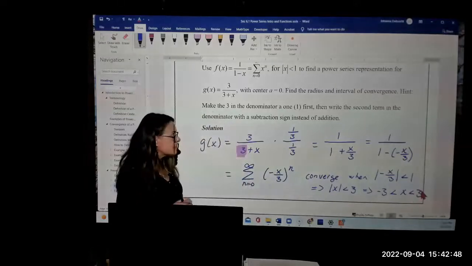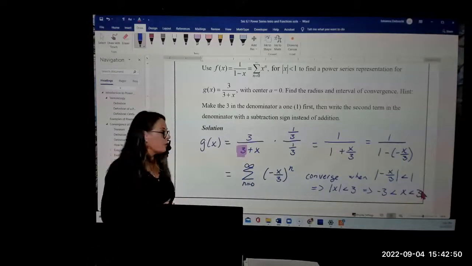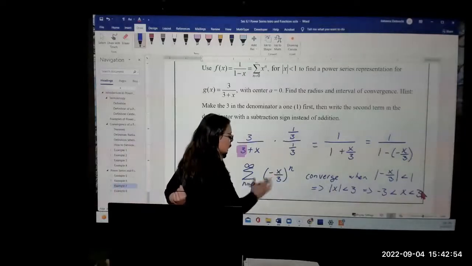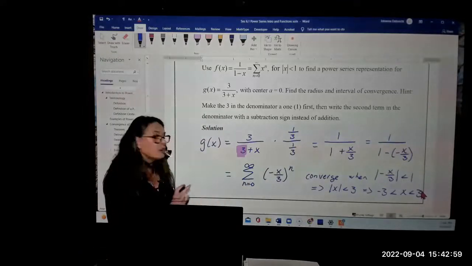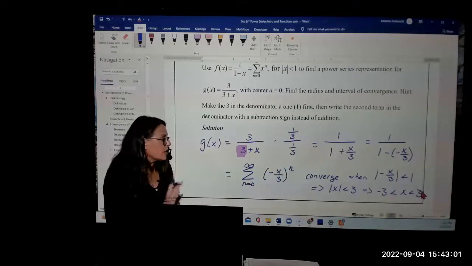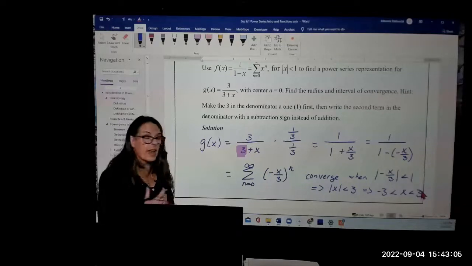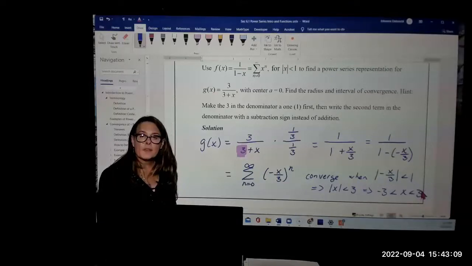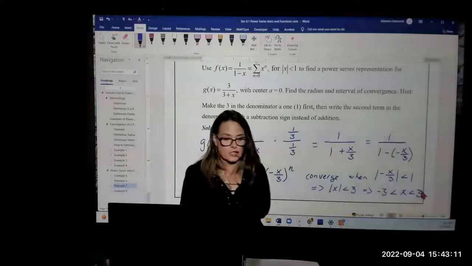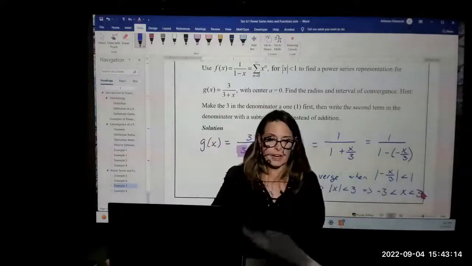Again, we don't necessarily need to check the endpoints or check convergence with the ratio test, because this one can be written strictly in geometric series format. And so we know that it must converge and that it must be strict inequality. So essentially we're done. We have the interval of convergence, negative 3 to 3. We have the radius of convergence, which is 3, right?